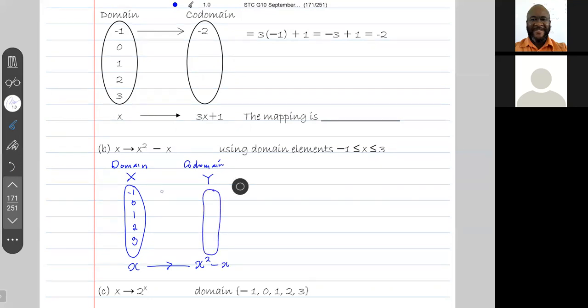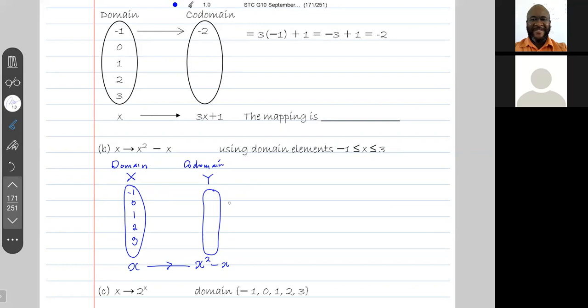All right. So I don't know the values over here. But to get the first value, the relation at the bottom, x in the domain is mapped onto x squared minus x in the codomain, is telling me when I get a value of x in the domain, to get the value in the codomain, I must square that value of x and then minus the value of x.